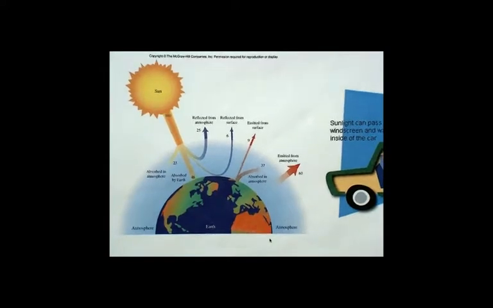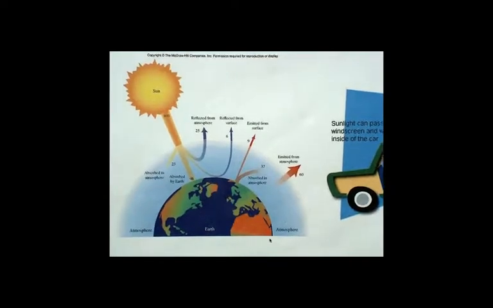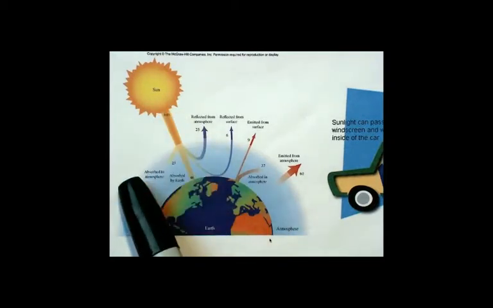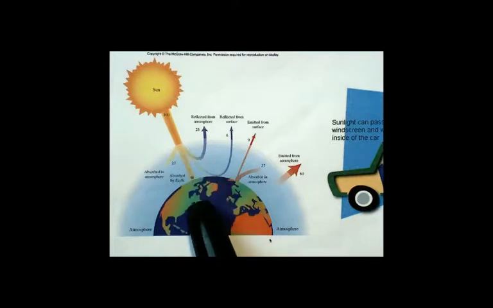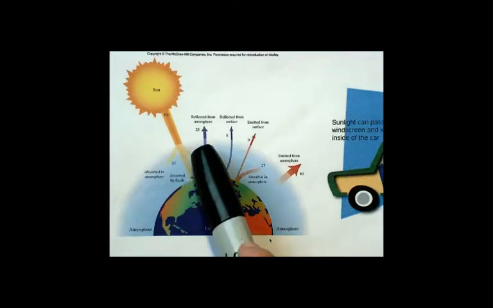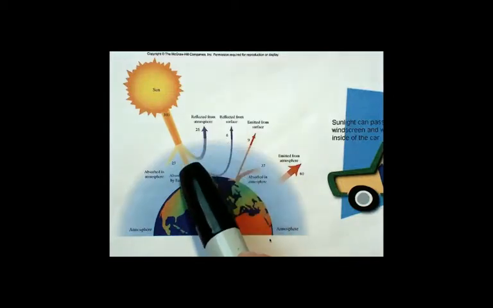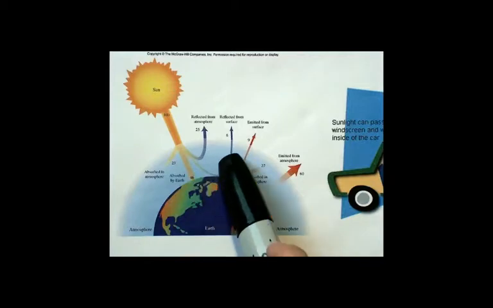So I've tried to blow up this picture a little bit. This is directly from your textbook, so you can always look at the book. But what happens is the radiant energy, some is absorbed in the atmosphere, some is absorbed by the earth, some of it is reflected from the atmosphere off of dust particles or aerosol particles, little bits of water, and some of it is reflected back from the surface of the earth.